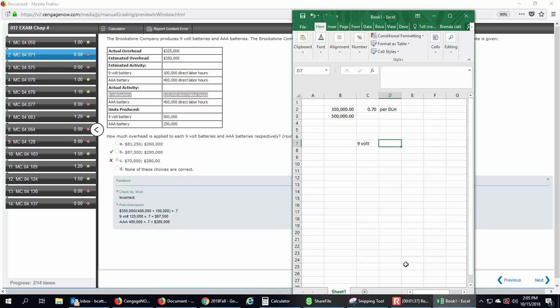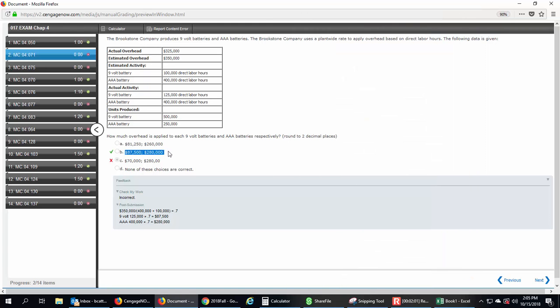So we have 125 at 70 cents a piece. And then the AAA has 400 at 70 cents a piece. And so that's why the answer is this one right here.